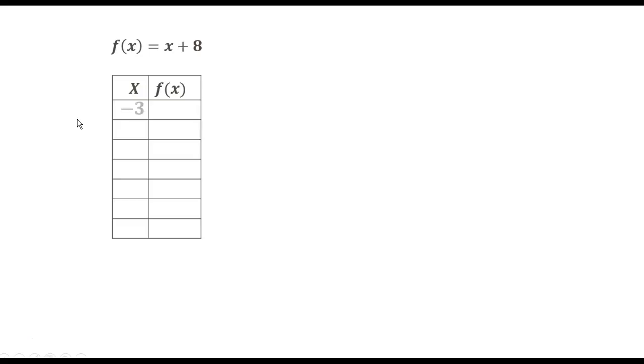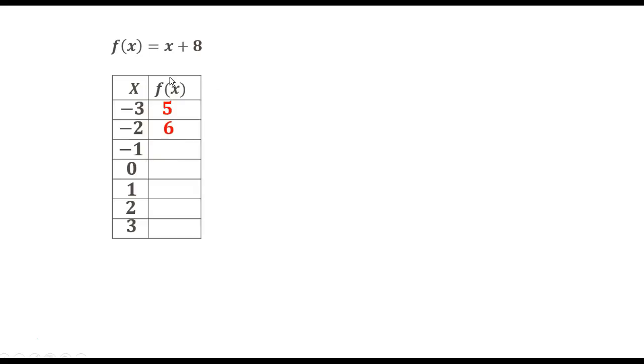So I'm going to pick -3, -2, -1, 0, 1, 2, and 3. Now, if I substitute -3 into the function, f of -3, -3 plus 8 gives me 5. If I plug a -2 in, -2 plus 8 is 6.